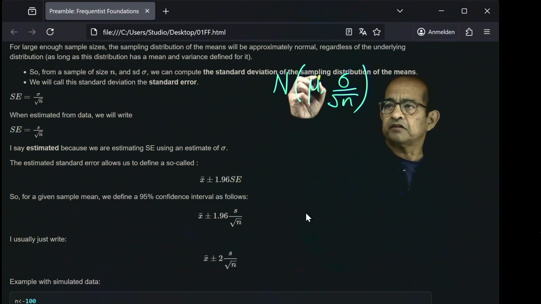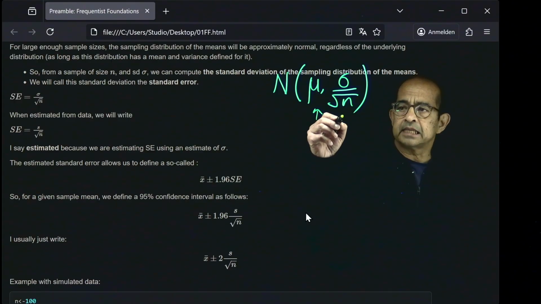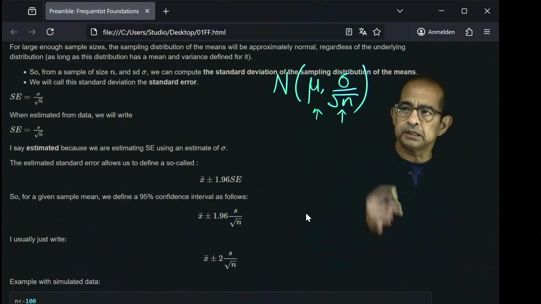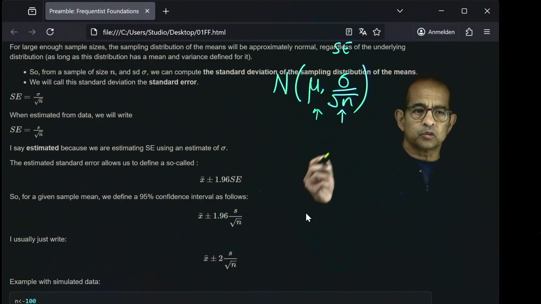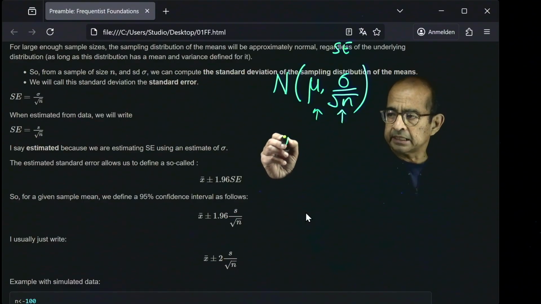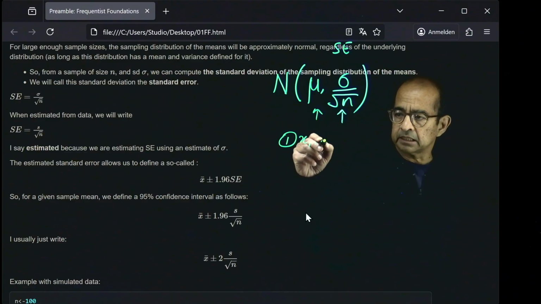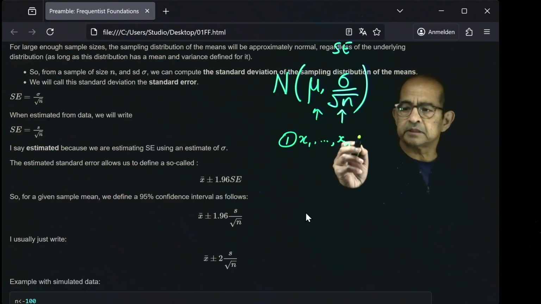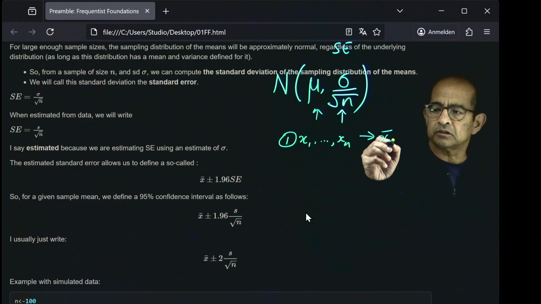So it would have the true mean mu, and the standard deviation for that distribution would be what's called the standard error, sigma over square root of n. What the central limit theorem is saying is that if you were to carry out the same experiment over and over again, for example, let's say you take n independent data points in one experiment and calculate the sample mean for that experiment, I'll call that x bar 1 to represent the first experiment.